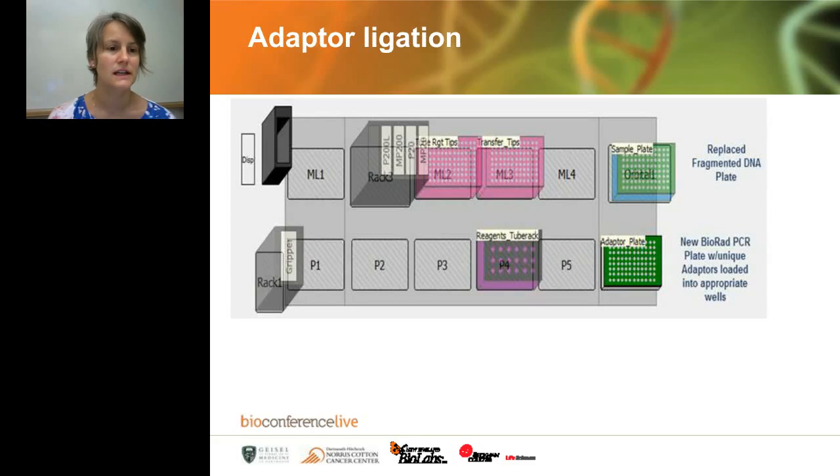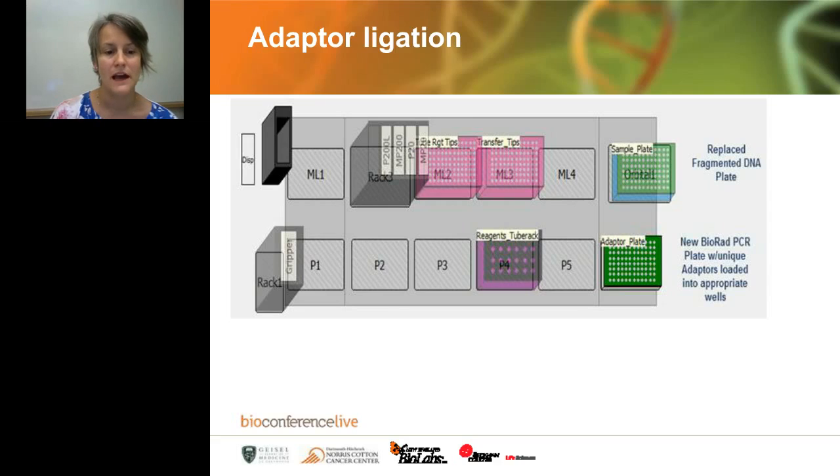So the second step is the adaptor ligation, and you end up replacing the plate on the orbital shaker. All of these figures I've taken from a document that Sarah put together for us, which really outlines the deck layout. So again, it's created so that it's not very easy to make a mistake, which is great.